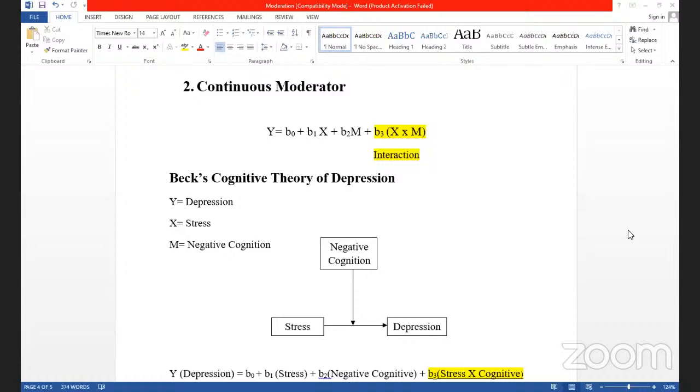Now, I'm taking another case study for continuous moderator. So now I have discussed two cases. The first, the predictor variable categorical. In this case, again, I am just recapping.